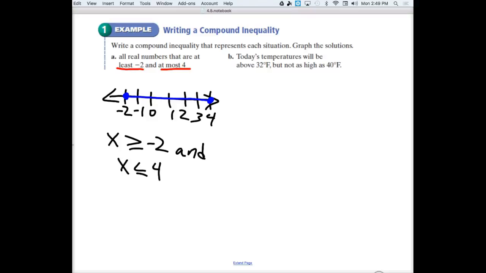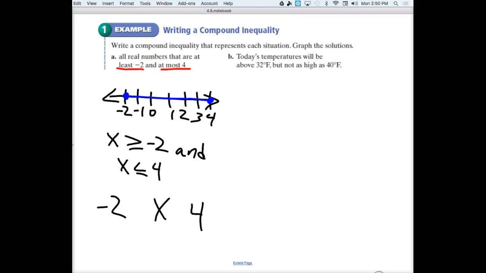Now, whenever we're writing compound inequalities with and, you can also write it as one longer inequality. So you see with the picture of the graph here, all of our values for x are kind of sandwiched in between -2 and 4. So you can actually write the inequality with a -2 and a 4 and x sandwiched in the middle. Our symbols are going to follow the same.